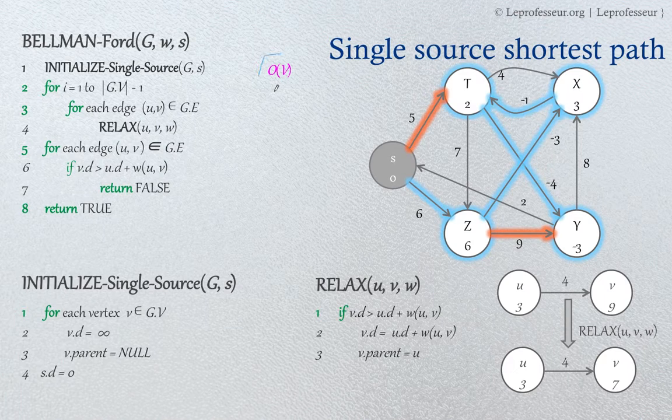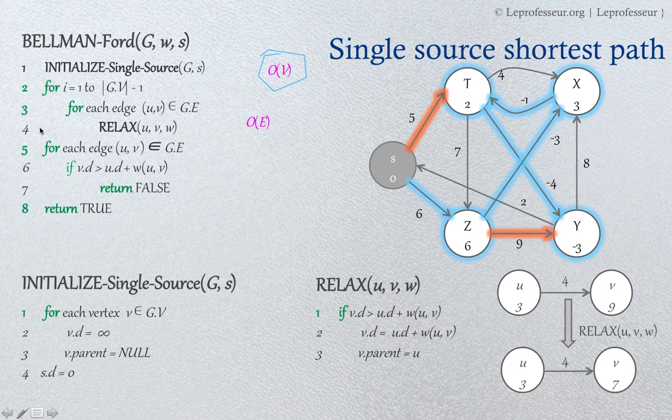Then the for loop from line number 3 to 4 will take O of e, for each edge.